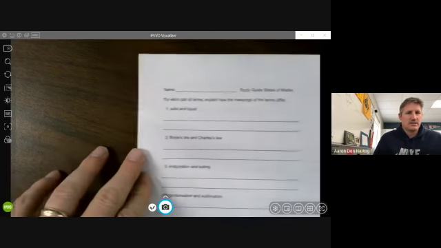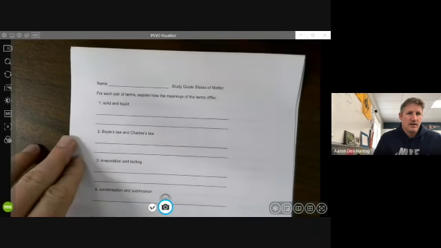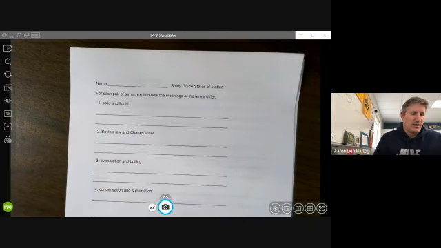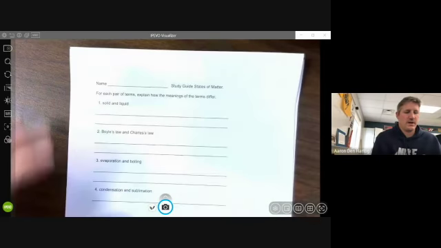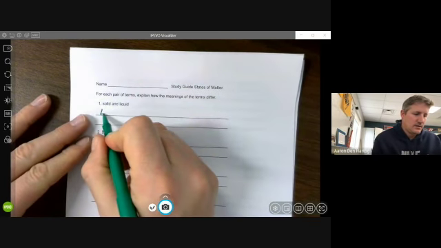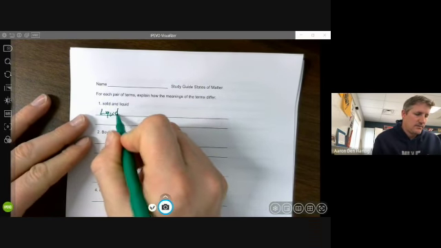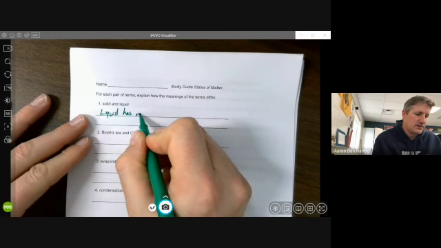So the first thing it says, explain how the meanings of the terms in each pair differ. When I take a look at a solid and a liquid, we know that a liquid has more energy.